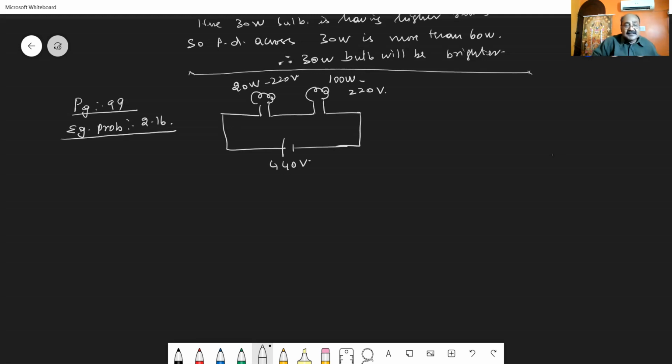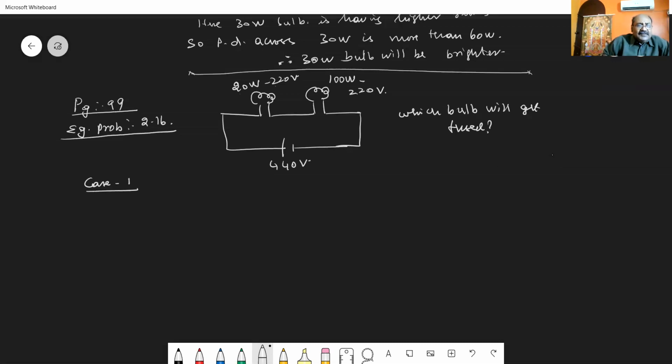The question asked is, which bulb will get fused? Because in both bulbs, the voltage rating is 220 volt, but the voltage connected is 440 volt. So which bulb can withstand and which bulb won't withstand? That was the question. So let us write like this: case 1, case 2.